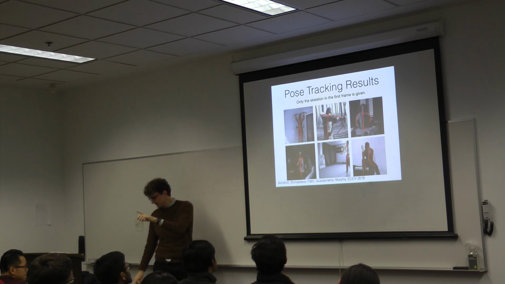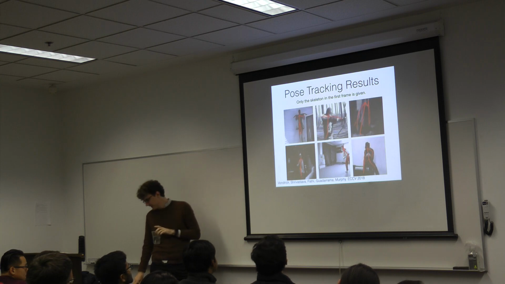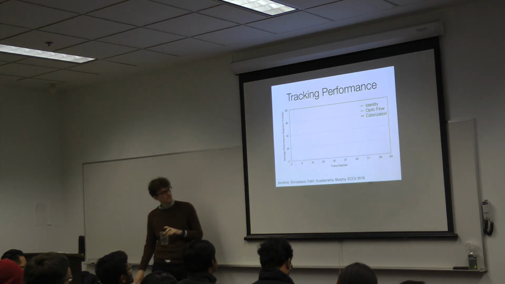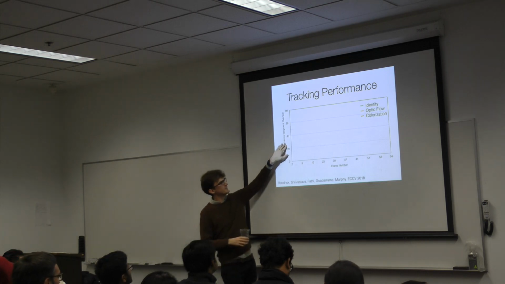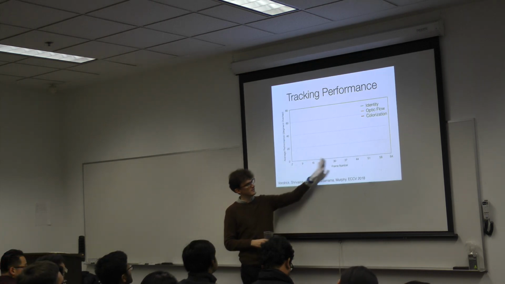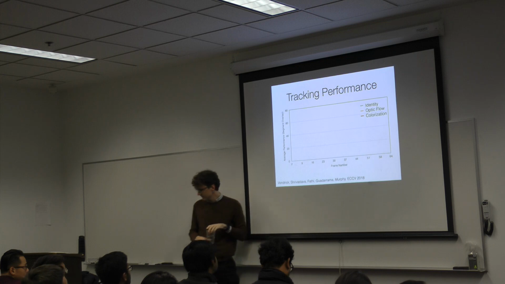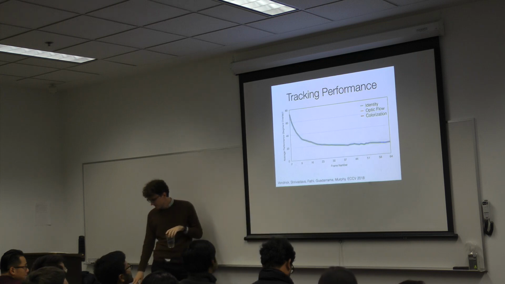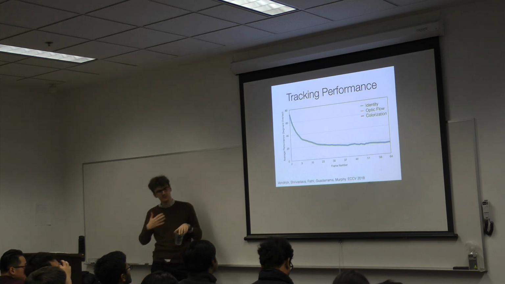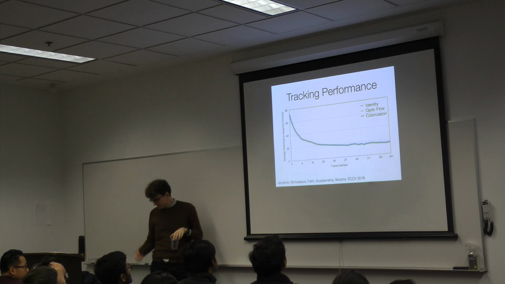Okay, so again, just to run into this question, how does this compare to optical flow? So we can evaluate this in terms of the performance on the Davis data set versus how far out from the initial frame you've gone. The naive baseline is you just assume that the video is stationary, and that the first frame is not going to change. So that, of course, drops off.